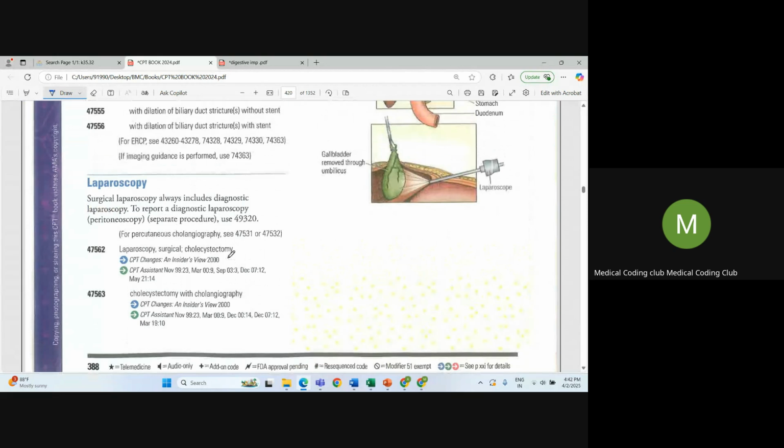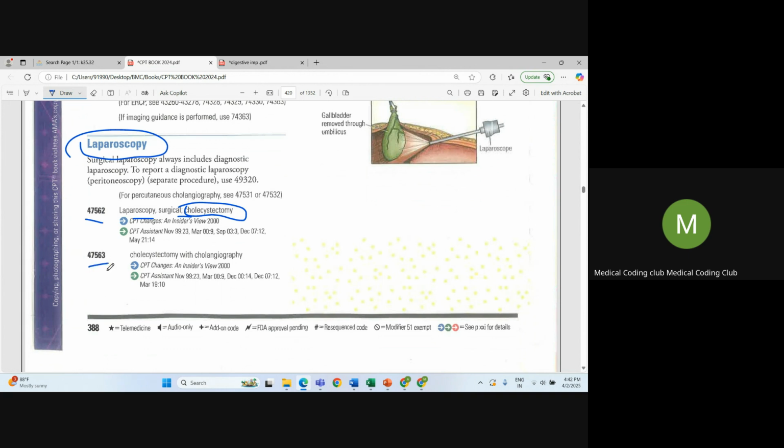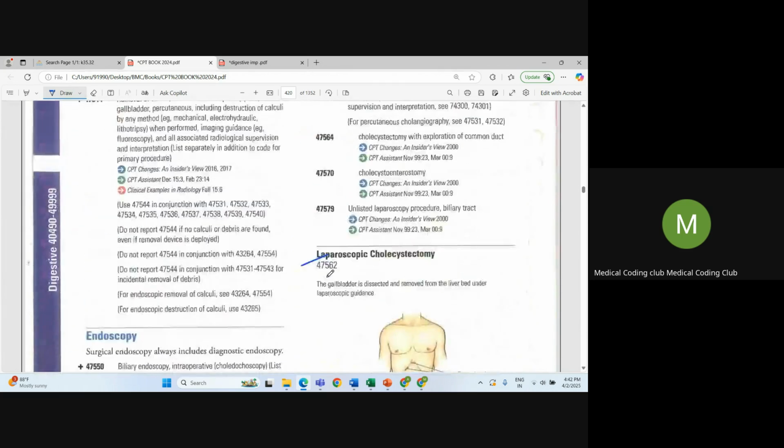They have also utilized laparoscopy. So 47562 laparoscopy surgical cholecystectomy, 47563 cholecystectomy with cholangiography. Okay, this is the correct answer, 47563.